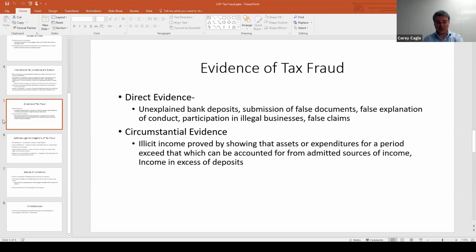Circumstantial evidence, not direct evidence, would be where they proved illicit income by showing assets or expenditures are way more than what could be accounted for from the income that you're admitting that you have. So it's kind of a financial analysis of what's going on to say there's no way this could have happened. It's not direct, it's indirect, it's circumstantial, but it is evidence. We also think circumstantial evidence is not a good thing, but circumstantial evidence is fine too.